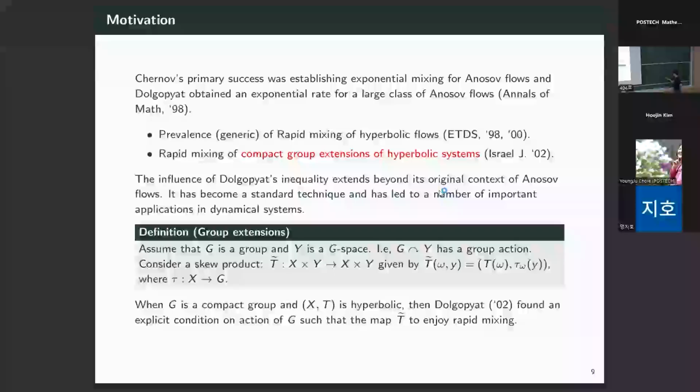But y is a G-space, so this is still inside of Y. So this definition is actually good, because if you iterate this map of y, then you can see on the base level, you have just the shift. But in the fiber level, you will have a product.